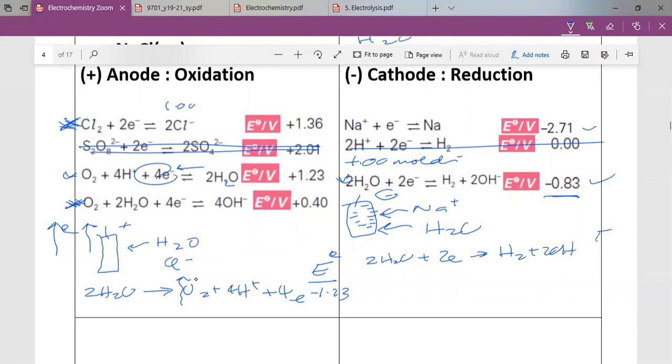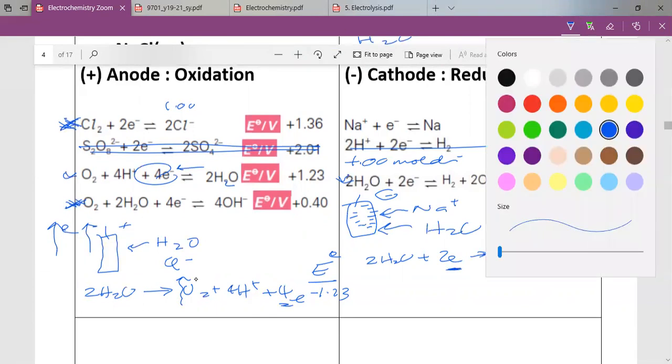Okay. So here, remember, the EMF is minus 0.83. So actually the whole thing here, you are going to put down here. Remember, here's 4 electrons, here's 2 electrons, so must times 2, isn't it? So it's 4 here. I'm going to put red color so it's easy for you to see.